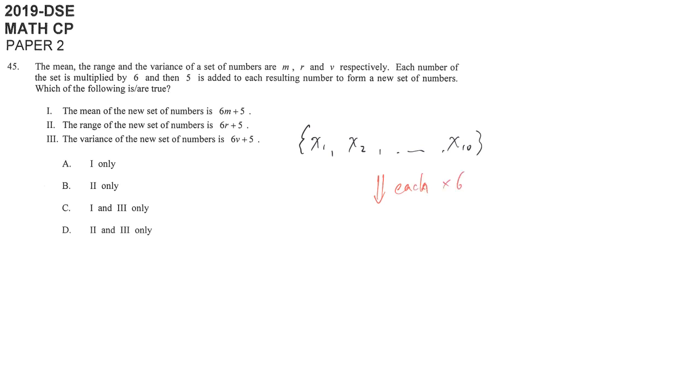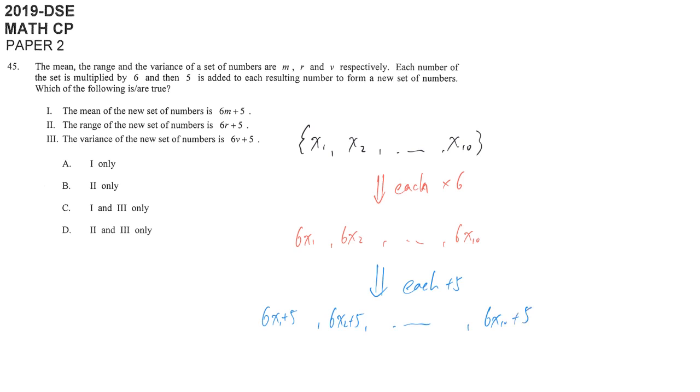So this will become 6x1, 6x2, up to 6x10, something like that. And then another transformation is plus 5. So this will become 6x1 plus 5, 6x2 plus 5, and so on, 6x10 plus 5.